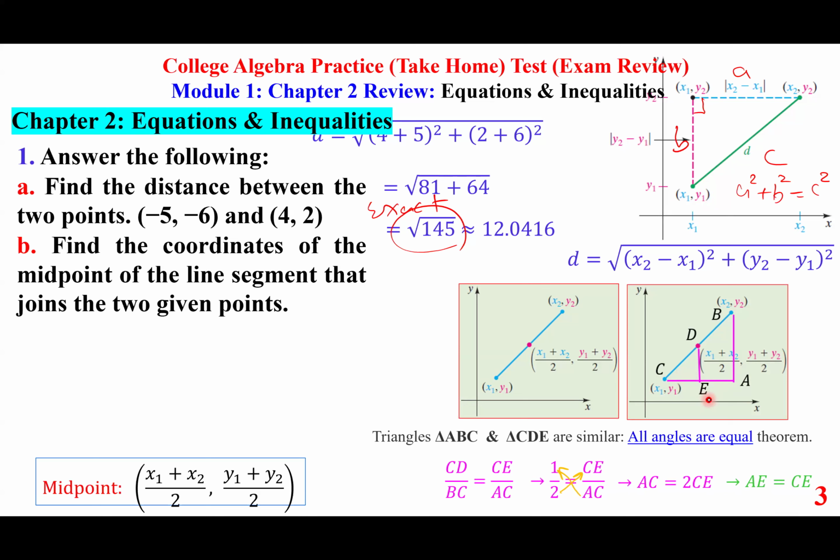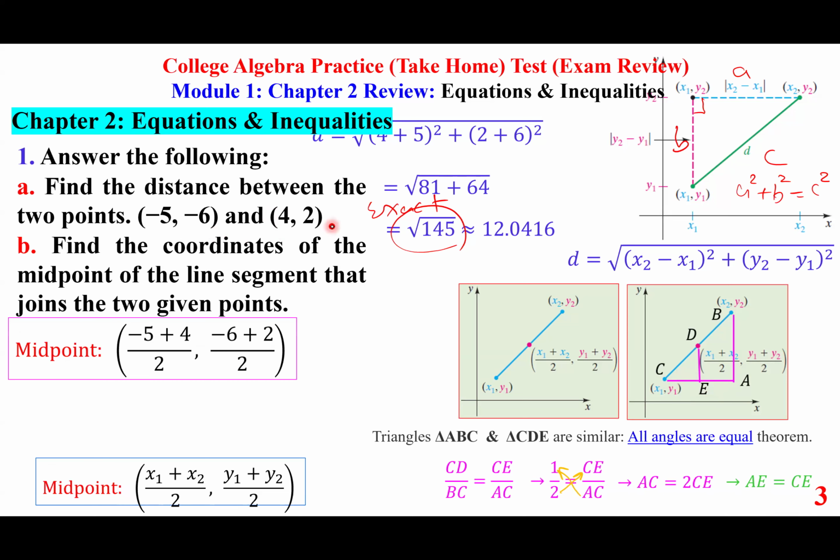And that's a proof. So basically add -5 and 4 divided by 2, and -6 and 2 divided by 2. This gives us -1/2. This gives us -4 halves, which is -2. So the answer to part A is that, and the answer to part B is this.